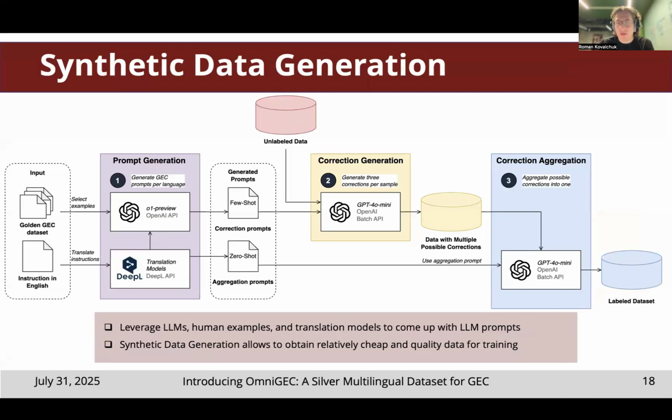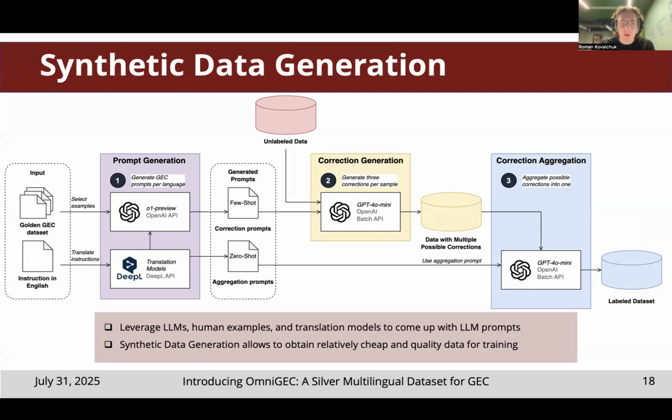Speaking about the synthetic data generation method we employed for labeling the data. This method is based on a SOTA English technique called high diversity and ranking, and is a slight variation of it. The idea is the following: we want to generate multiple possible corrections over a single input unlabeled text. And then with a second shot of LLM, we want to aggregate those possible corrections into one more holistic and complete correction.